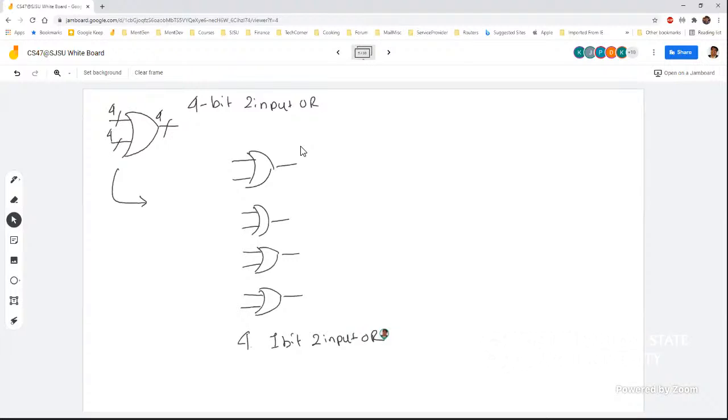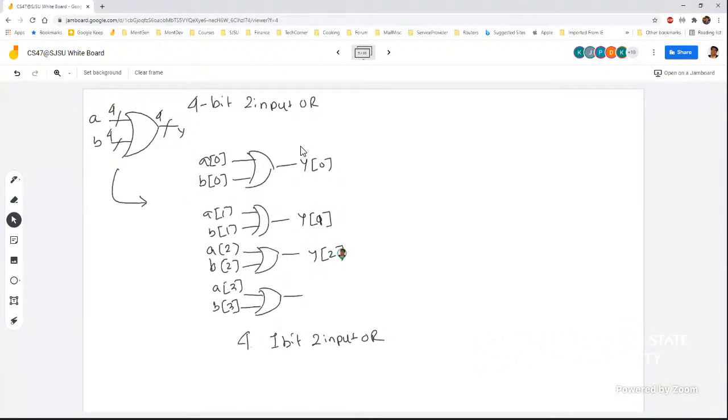We can build the same thing here. So if we take ABY as a bit notation, then this is the bit 0 OR, this is the bit 1 OR, then this is doing the bit 2 OR, and this is the bit 3 OR. And this is your output 0, output 1, output 2, and output 3.